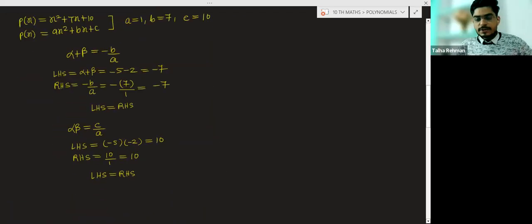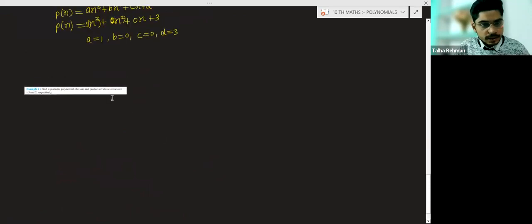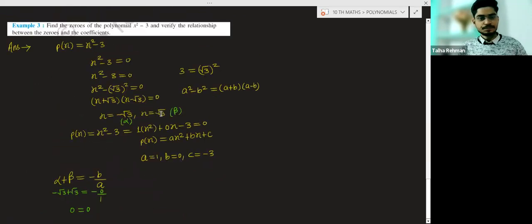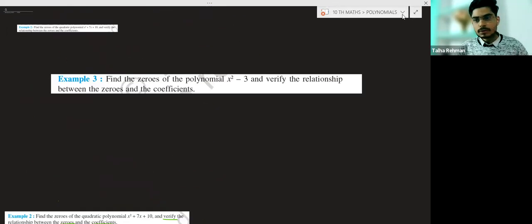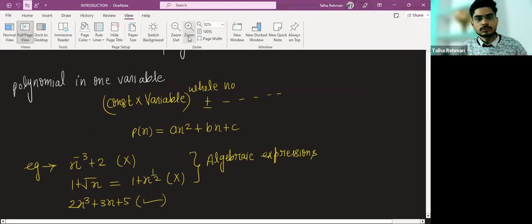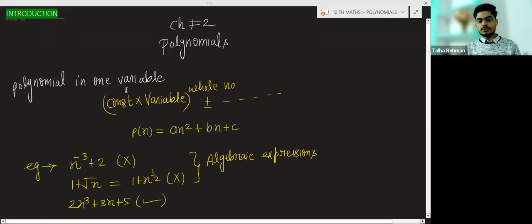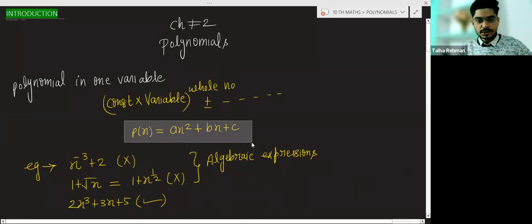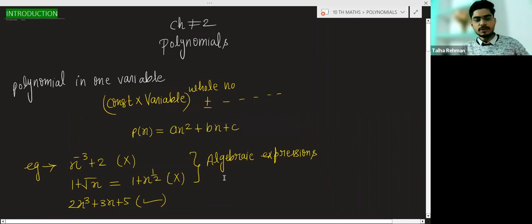So we were discussing the polynomials. Polynomials in one variable we were discussing, and this is the general form of the quadratic polynomial.